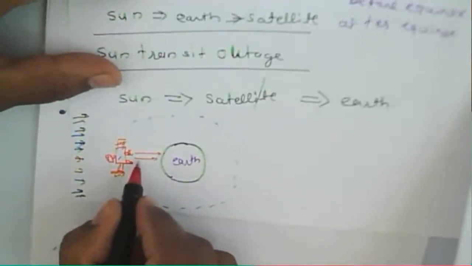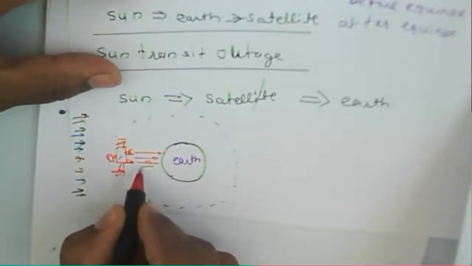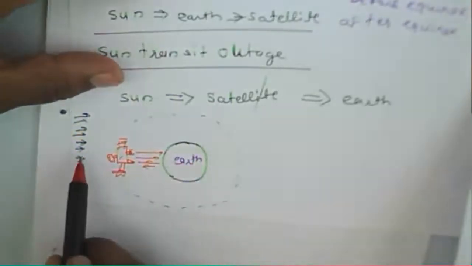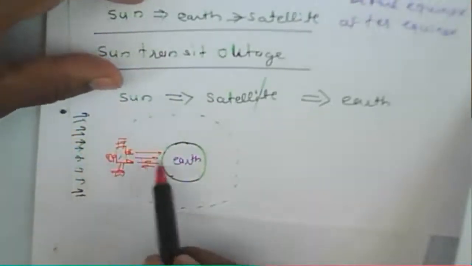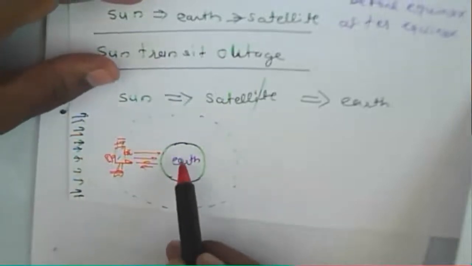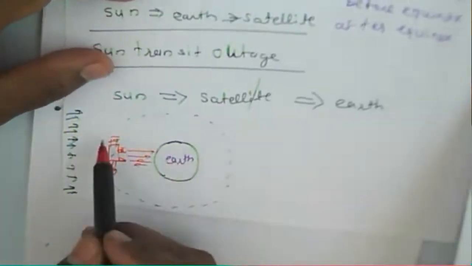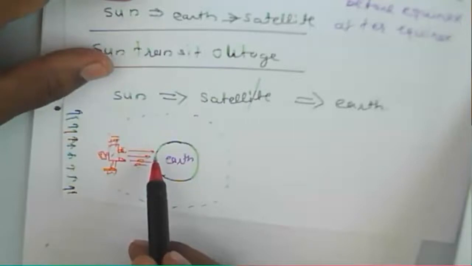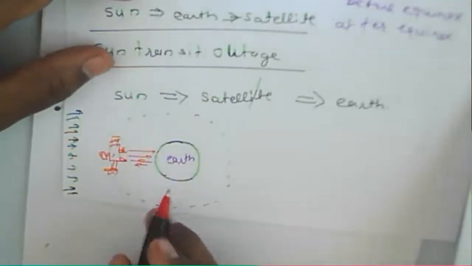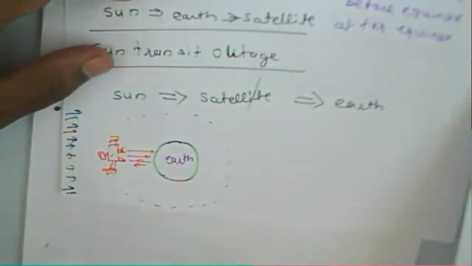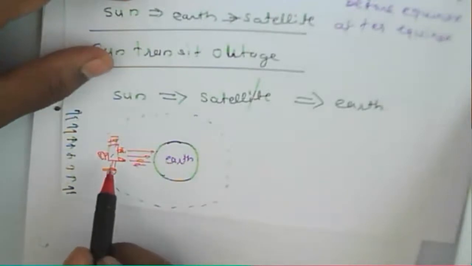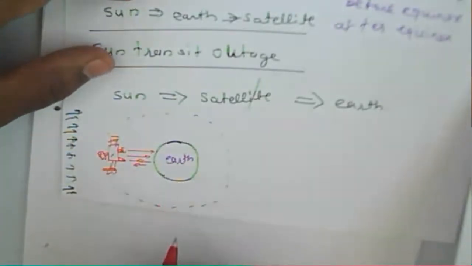Now these are the antennas. Earth is sending the signal to the satellite, and the satellite is sending the signal to the Earth. Likewise, here we have the sun, and Earth is looking for the signal from the satellite. But at the same time, what happened?